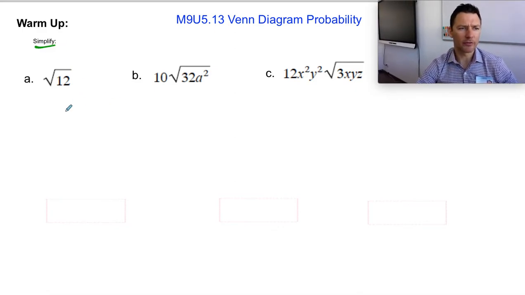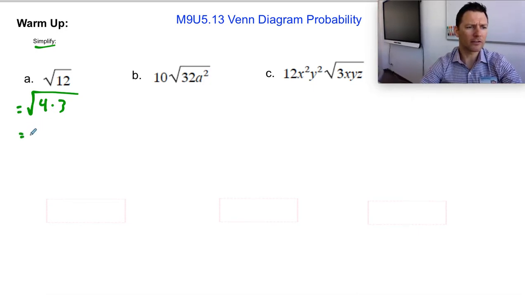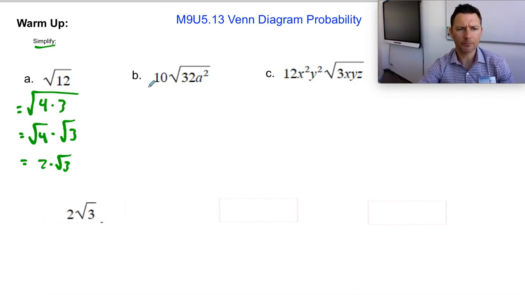All right, so we're simplifying. So this we want to break into perfect squares. You could do 2 and 2, but that's not helpful, right? This allows us to take the root of both pieces. Root 4 is 2, and root 3 is root 3. So that should be 2 root 3. Lovely. 10 stays outside.